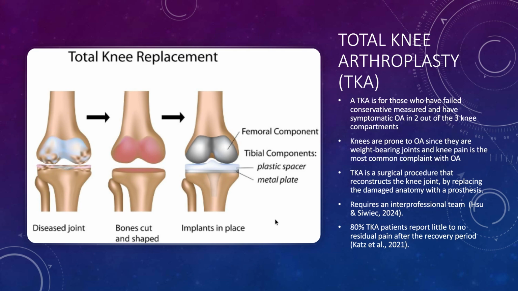They then add a cushion in between both of the replacements. This has a success rate of 80%, meaning that 80% of people who have total knee replacements do have a reduction in their pain after their surgery.